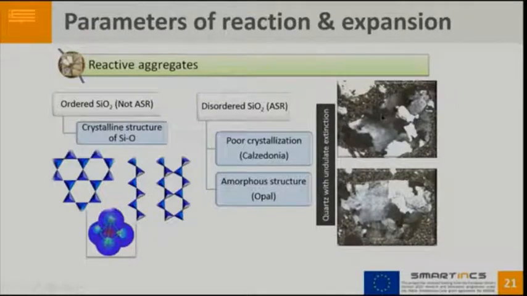In this case, we can see this particle, the same one in thin section petrography, rotated, and we can see this particle, for instance, that has undulatory extinction.